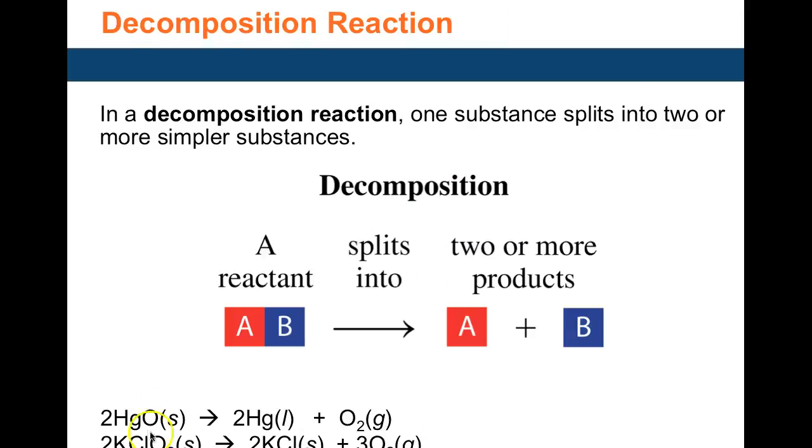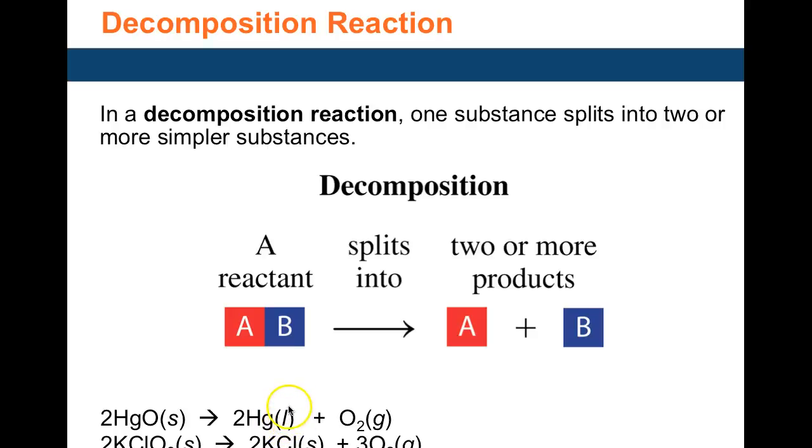Decomposition is, you have a single reactant, all right? It could be a combination of two different elements, and then it splits up into two or more products, all right? So mercury oxide solid, you decompose it, you heat it up, and then it splits up into the mercury, which is liquid at room temperature.